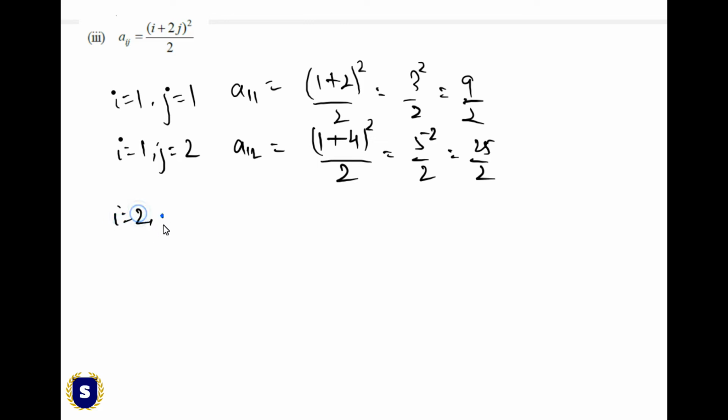When i is equal to 2 and j is equal to 1, we'll get A21.